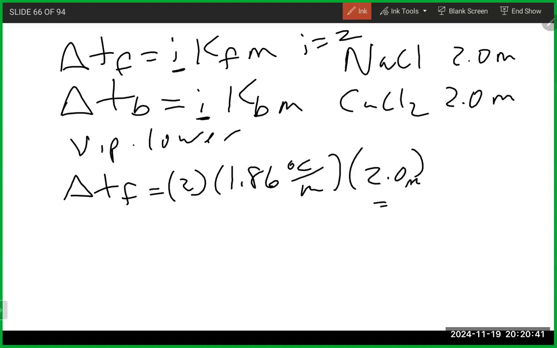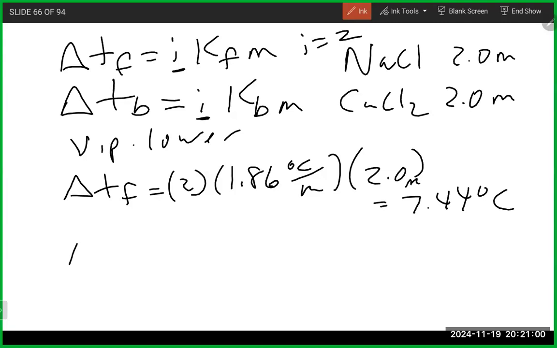This would get us here 2 times 1.86 times 2 would give us a change in freezing point temperature of 7.44 degrees Celsius. That means instead of at 0 degrees Celsius, that solution will freeze at minus 7.44.